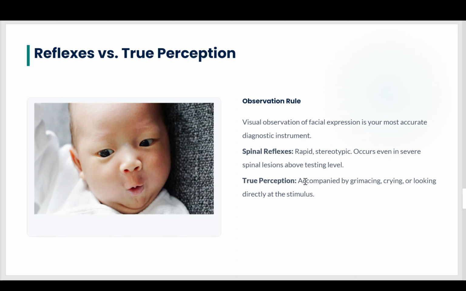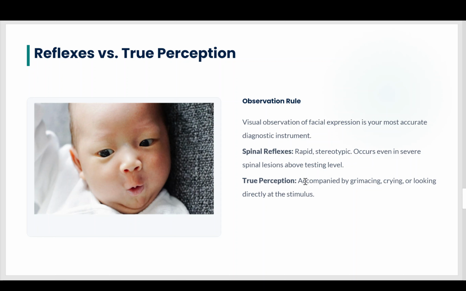Spinal reflexes are rapid stereotypic responses, and they occur at the spinal level. True perception of pain, temperature, or any sensation is accompanied by facial expressions. So the patient's face should always be observed while applying sensory signals like touch and vibration.